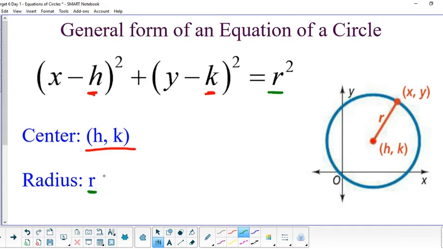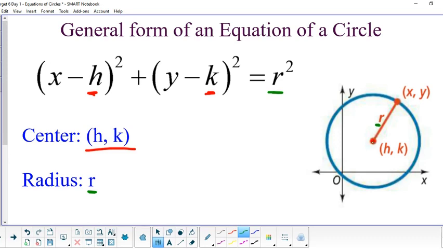Now, what you should notice is that this is just r, as opposed to in the equation where it's r squared. That means when we go to identify the radius of our circle, we will have to do a little bit of simplifying with the r squared so that we just get r. And then over here in our picture, as you can see, here is the r.